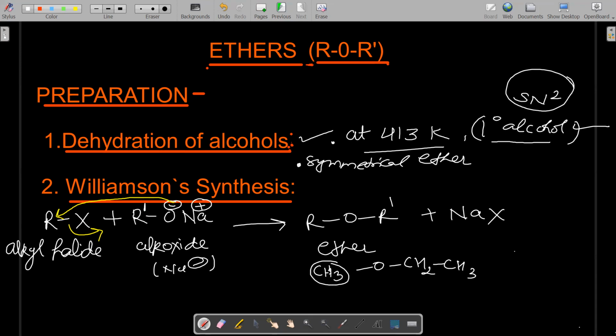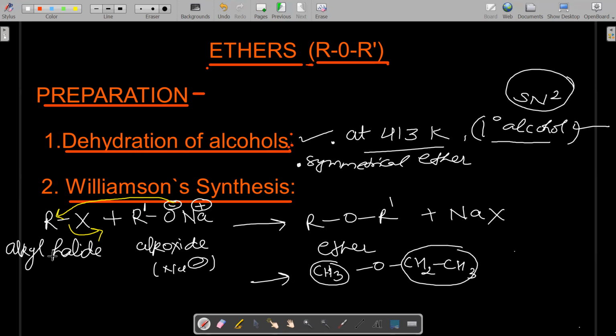Which alkyl group will be the halide and which alkyl group will be the alkoxide? Because this ether is formed only by alkyl halide and sodium alkoxide. So which alkyl will be the halide, whether CH3X or CH3CH2X?